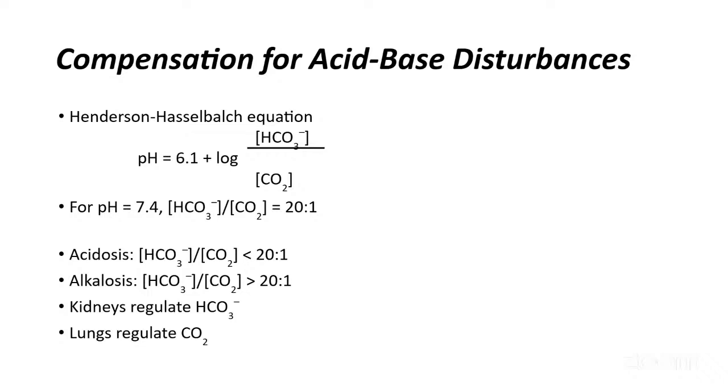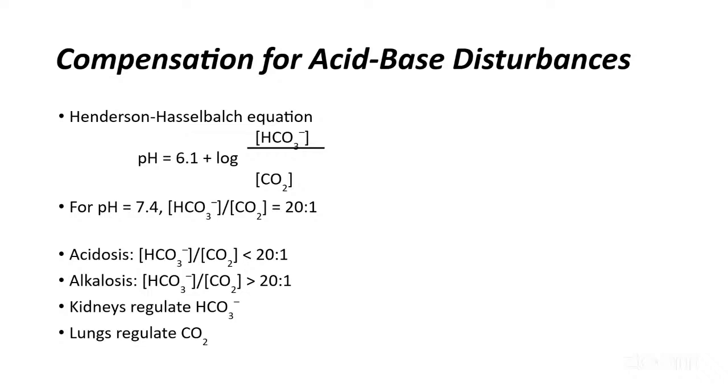Okay. In acidosis, we have a ratio that is too low. So it can be too low because we have too much carbon dioxide or because we have too little bicarbonate, too little buffer. Alkalosis is the opposite. So if our ratio is too high, that indicates we don't have enough carbon dioxide or we have too much buffer potentially, right?